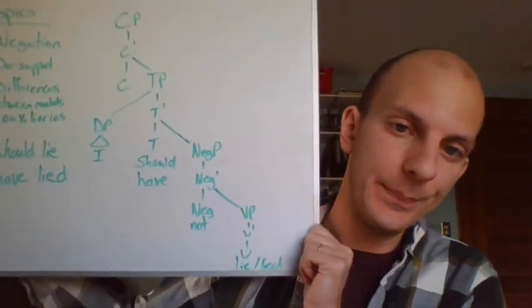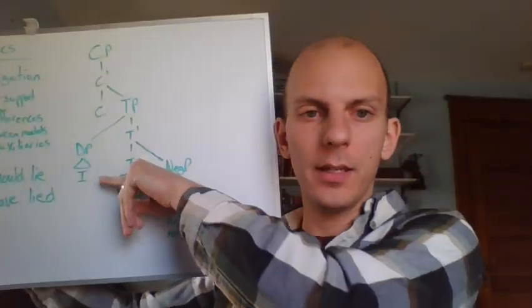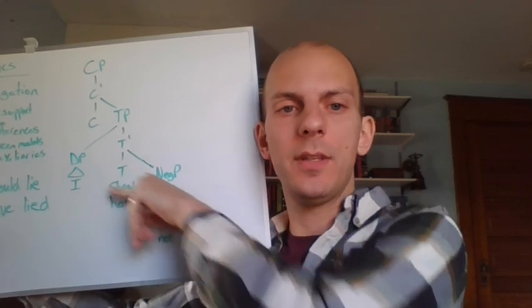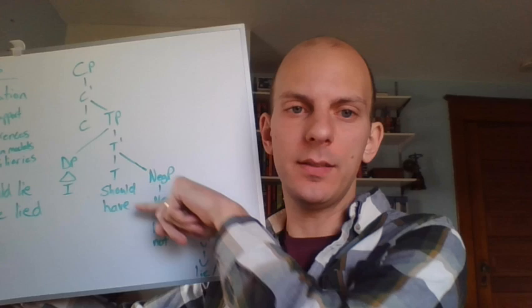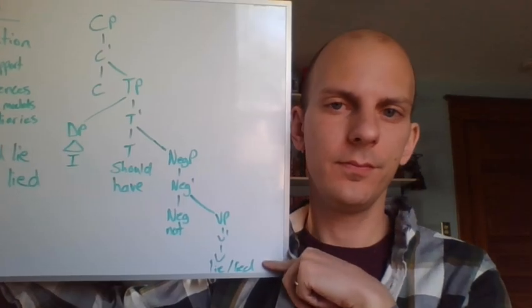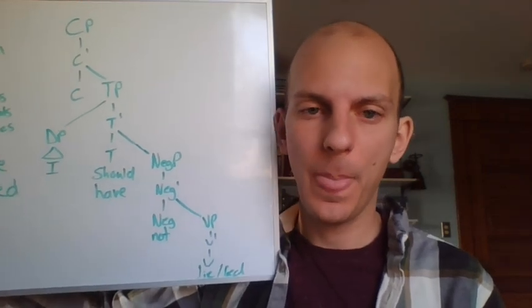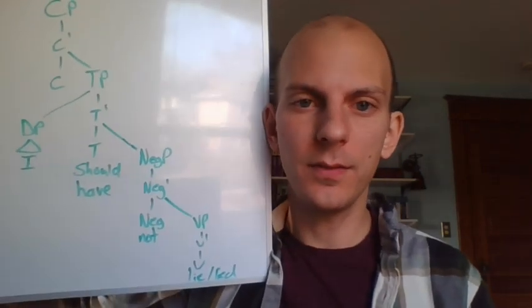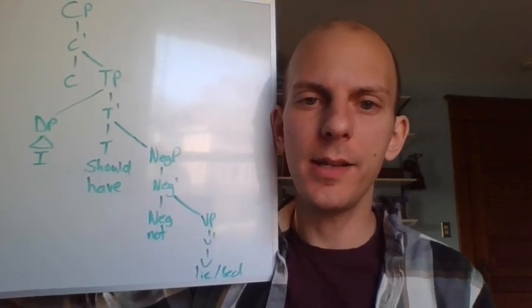Spoiler alert, not yet. But we're building up to it. So now we have negation back in our tree. And we have the sentence, I should not lie. And we have the sentence, I have not lied. Are those both grammatical sentences of English? Yes. Those sound totally fine. I should not lie, I have not lied.